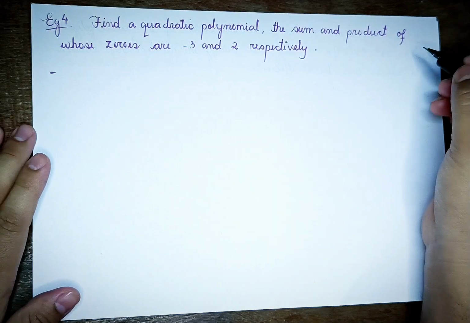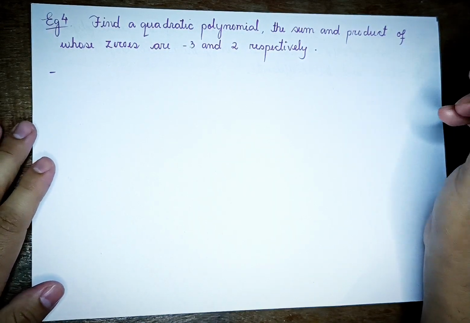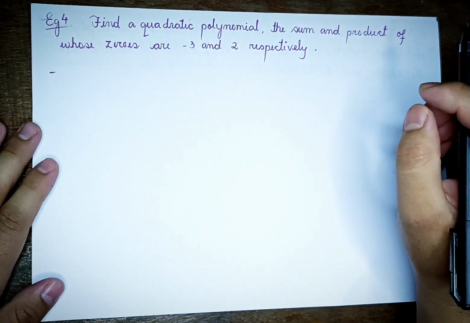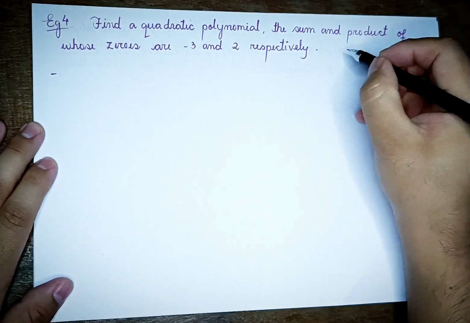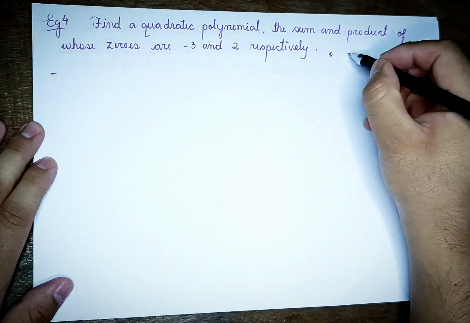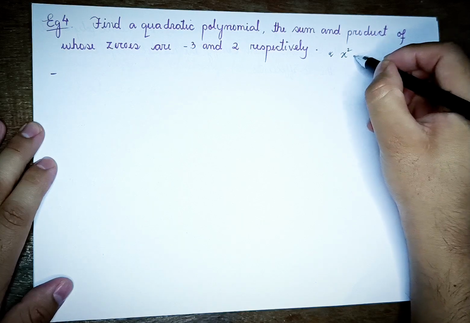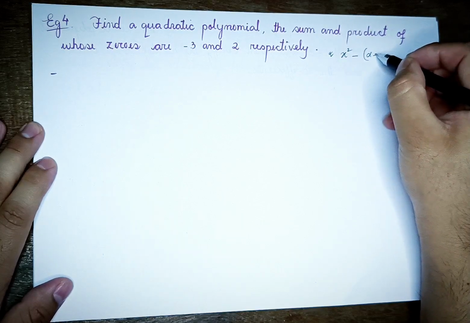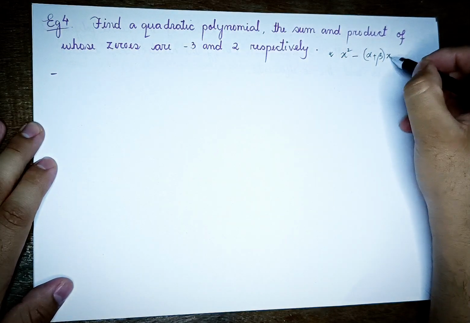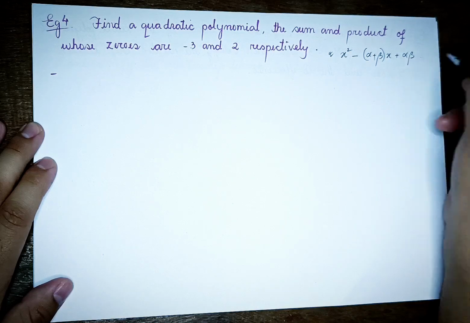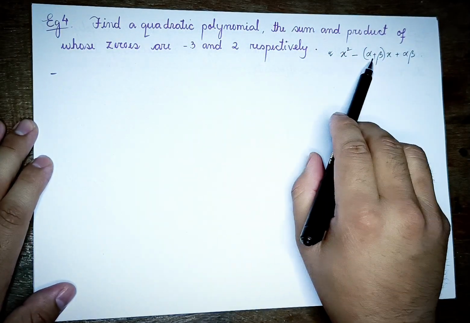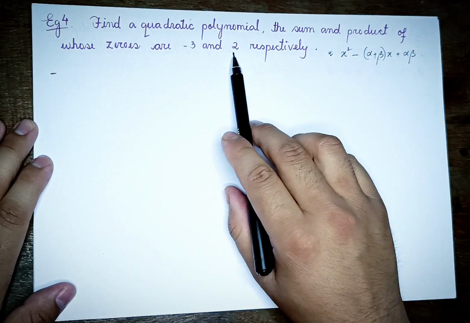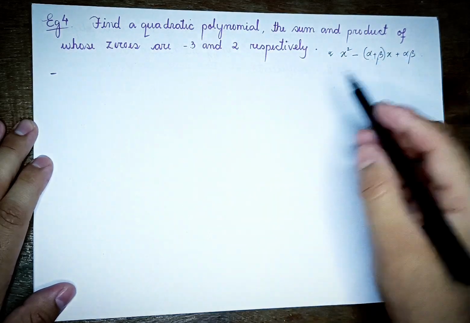For finding this out, we have a formula, but it is not studied in your book, but know it. It is x square minus (alpha plus beta) x plus alpha beta. Here alpha plus beta means the sum of roots, and the product of roots is alpha beta, so I can easily solve here.